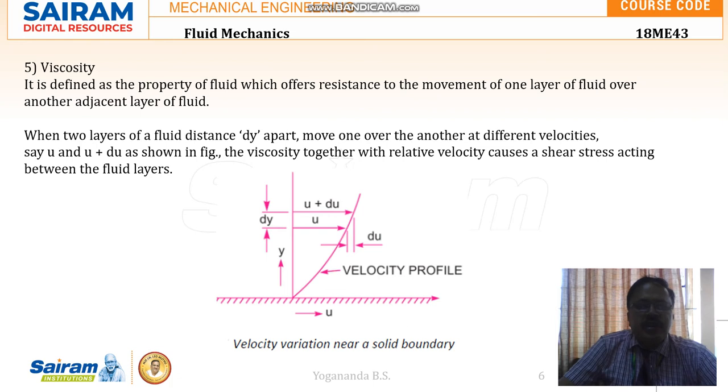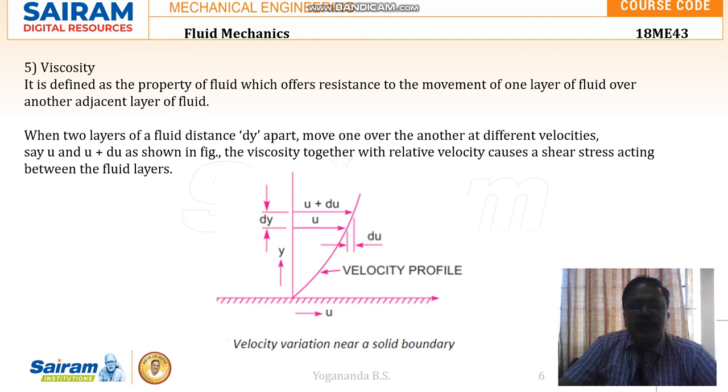Now viscosity. Viscosity is a major property of any fluid. It is the property of the fluid which offers resistance to the movement of one layer of the fluid over its immediate adjacent layer.